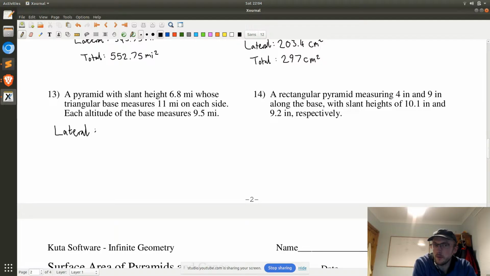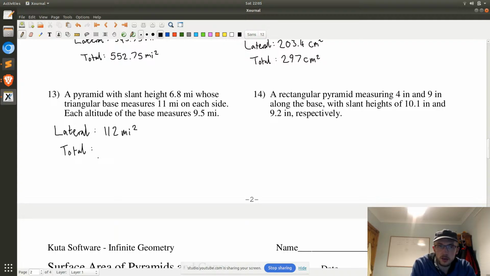So 3.4 multiplied by 11, which is 37.4, and then that has to be tripled to give 112.2 square miles.